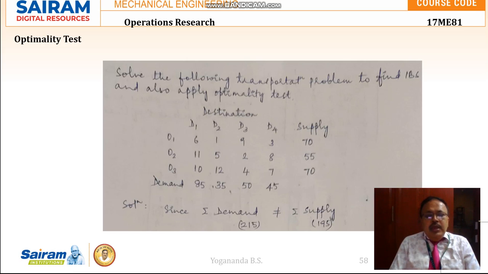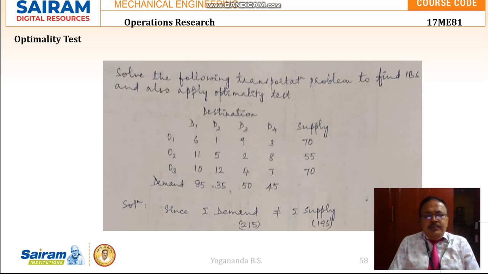Using any method we have learnt, like least cost method, northwest corner element method, row minima method, column minima method, or Vogel's approximation method, VAM, we find the initial basic solution for the given transportation problem.